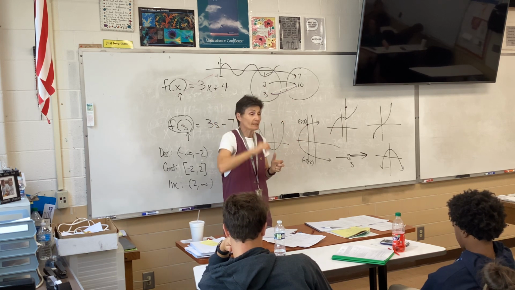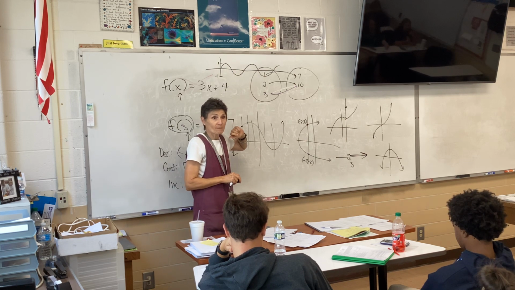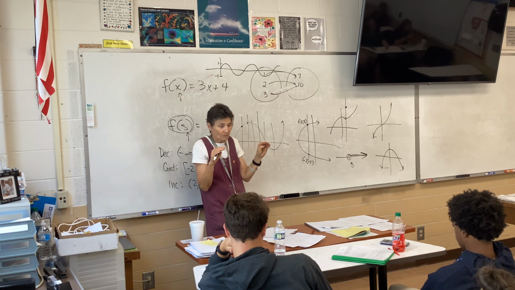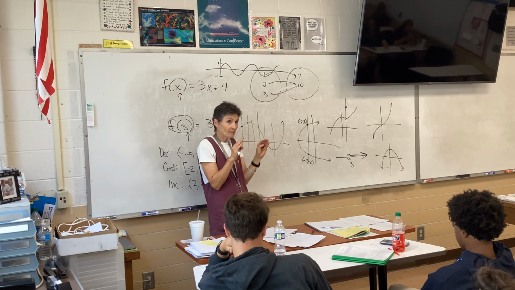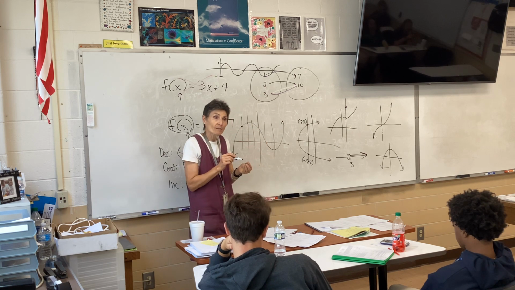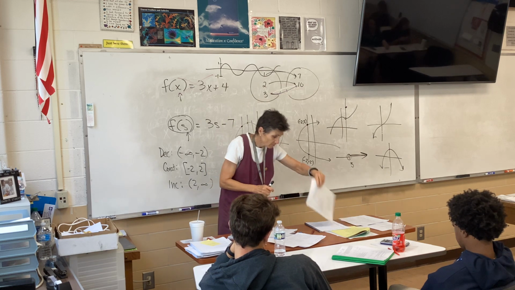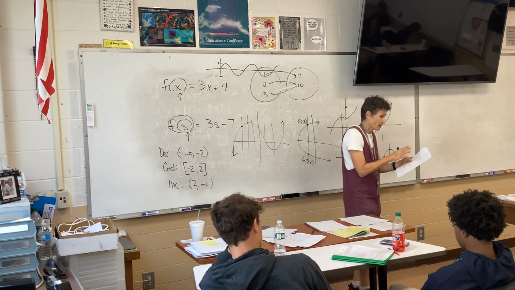You can use your calculator to find the maximum and the minimum. That would be where the bounds are. But for a basic sine curve, which is the only one we're going to look at, we're going to look at what's called your BFFs, basic family of functions, and the sine is one of those. I gave you a handout of those, and we're going to be looking at that soon. And we're going to look at those curves and answer all of these questions.